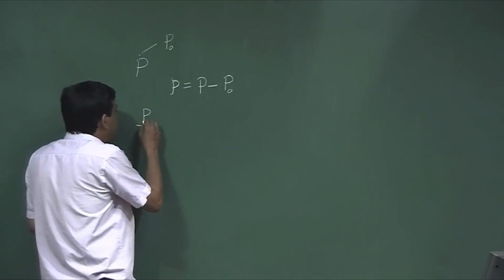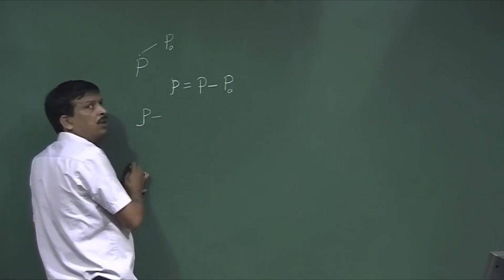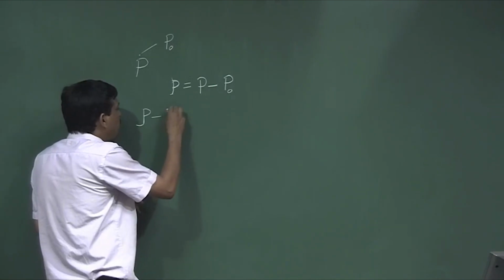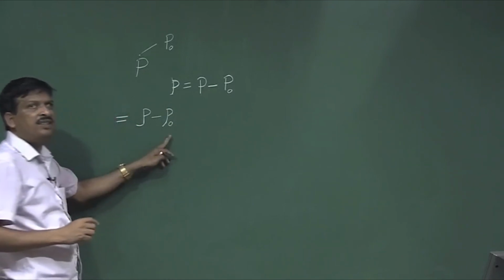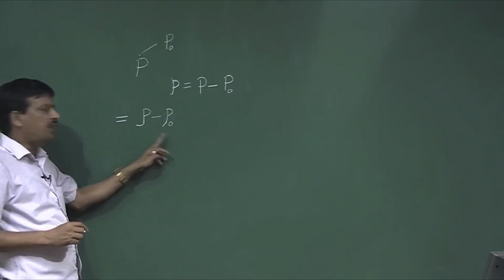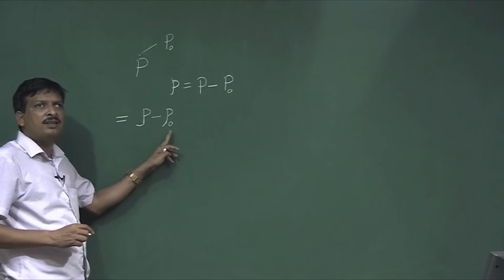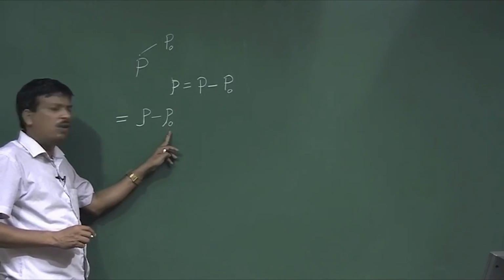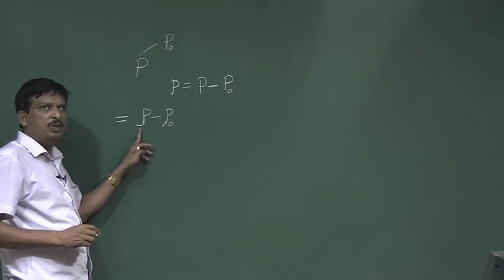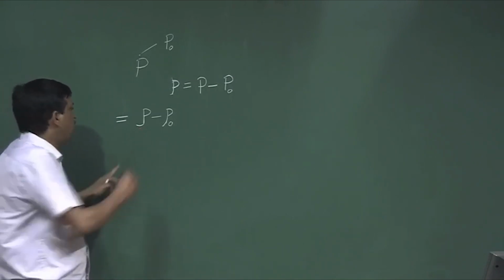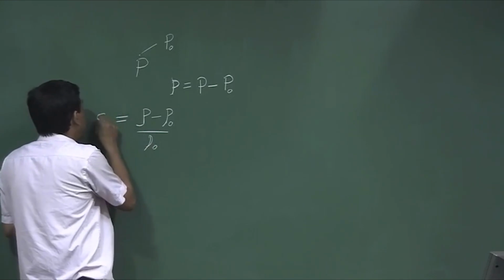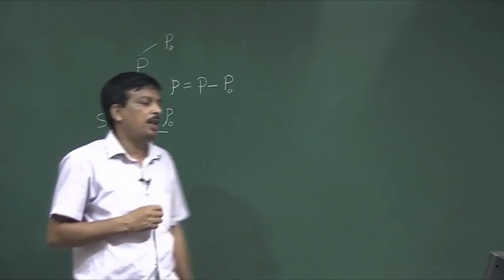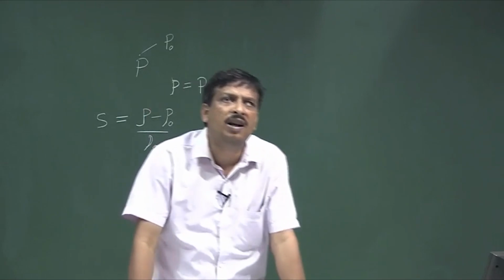So, density minus the equilibrium density is equal to the change in density. Instantaneous density minus equilibrium density, divided by rho 0, will be the condensation, which is called S. S is nothing but the condensation.